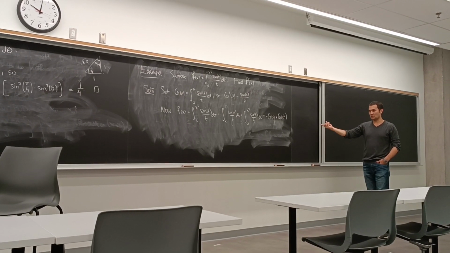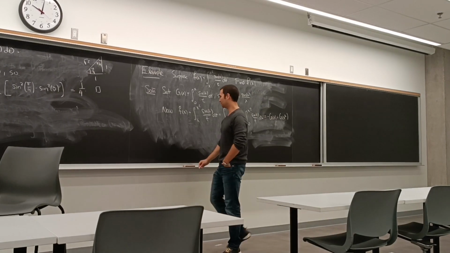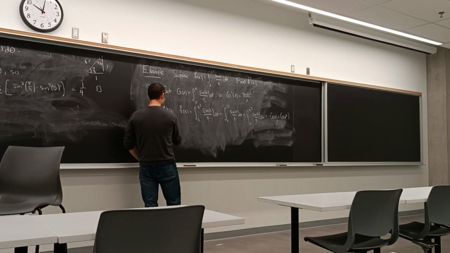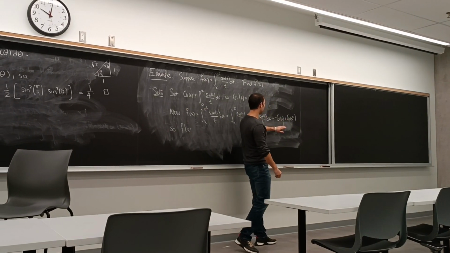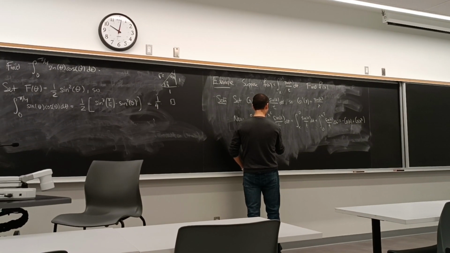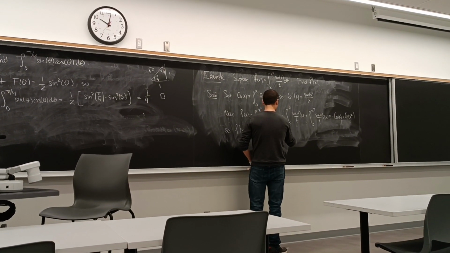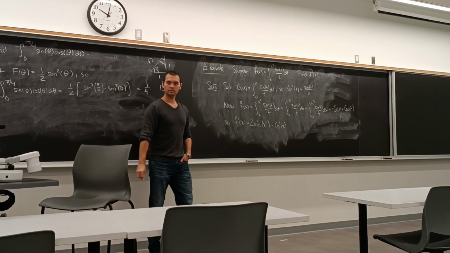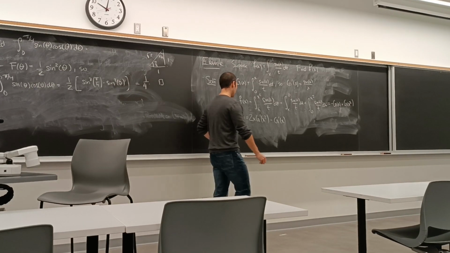Okay? And we can differentiate that now, because we know what the derivative of capital G is, right? So f prime of x, let me switch these around. I'm going to put g of x squared minus g of x. So we're going to get 2x g prime of x squared minus g prime of x. Right? g prime is sine x over x.